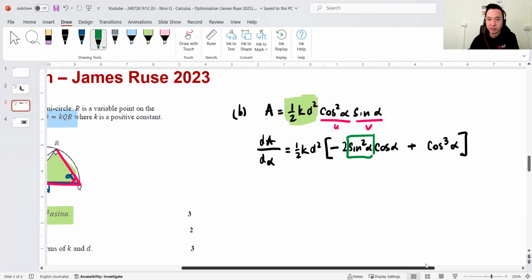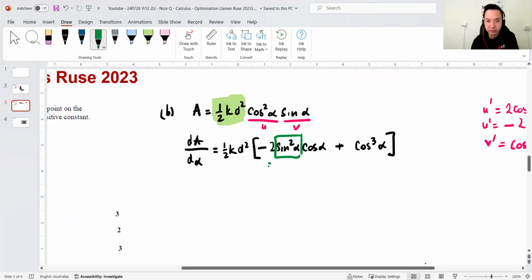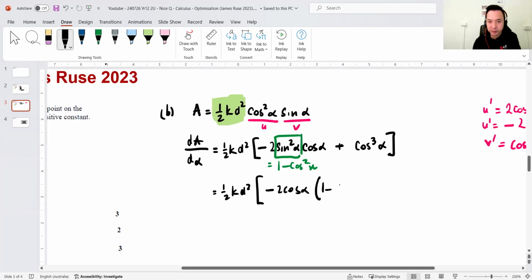I'm just going to apply the identity, 1 minus cos squared, to that. So it becomes minus 2 cos outside, 1 minus cos squared like that, plus cos cubed, and then collect my like terms.